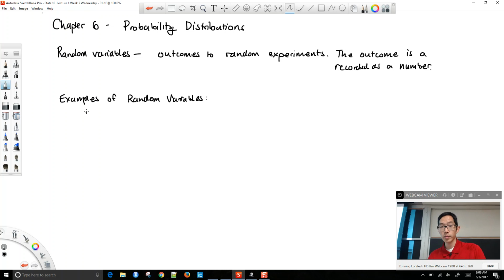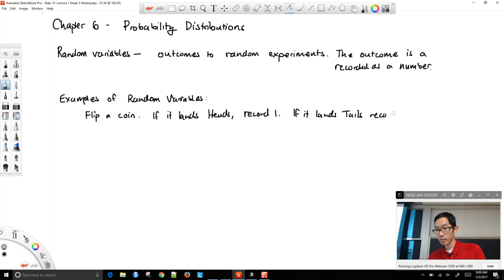Okay, so let me just give you some examples of random variables. You flip a coin, and if it lands heads, record 1. And if it lands tails, record 0. Okay, and then that becomes a random variable.